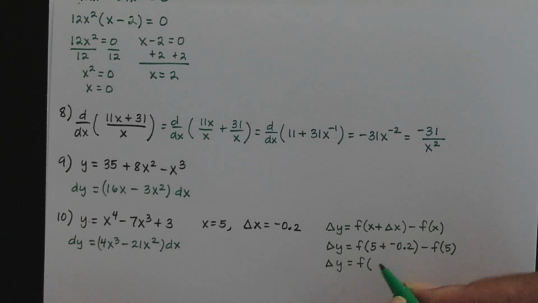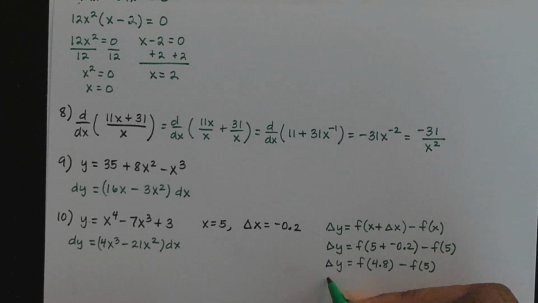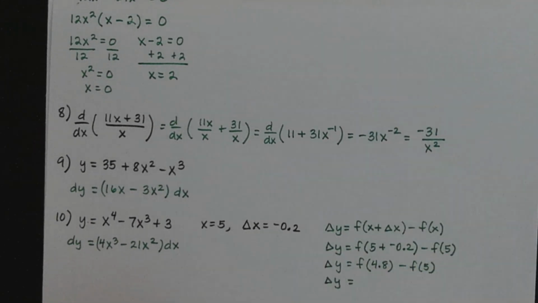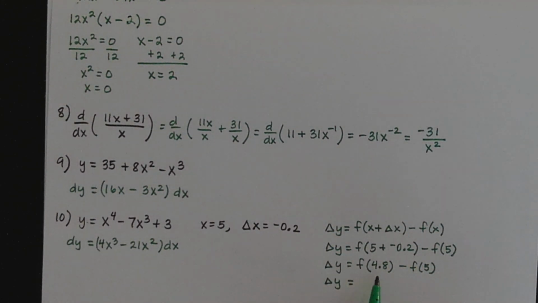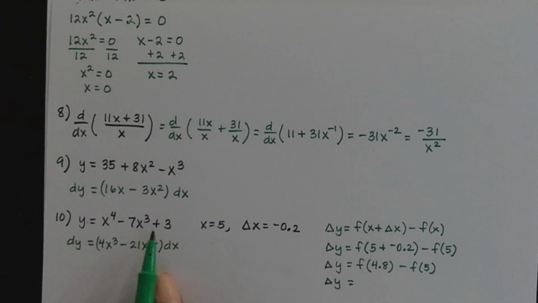Now, 5 plus a negative 0.2 would be 4.8. So I got f of 4.8 minus f of 5. So that f of 4.8 would just substitute each x with the 4.8.